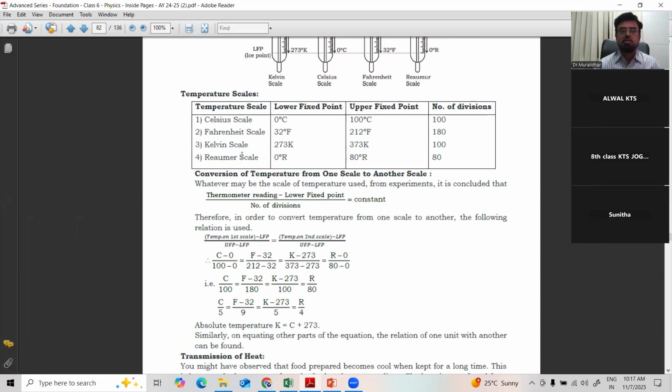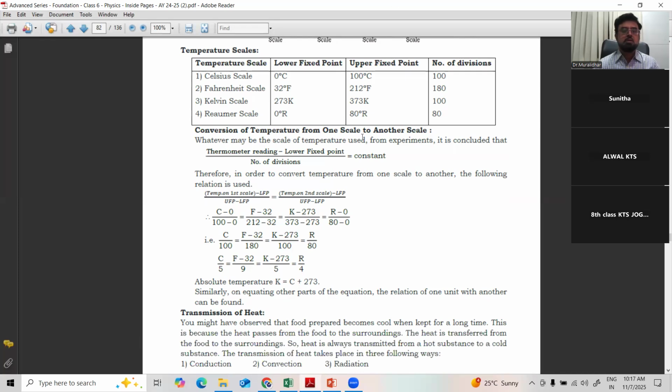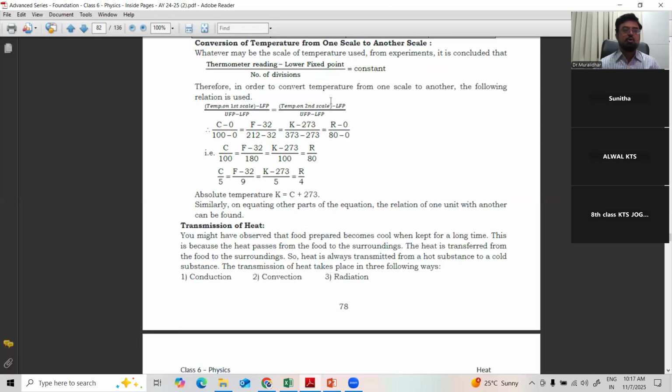So you have done, we'll go for the relationship conversion. After knowing that, what you can do is conversion of temperatures from one scale to another scale.